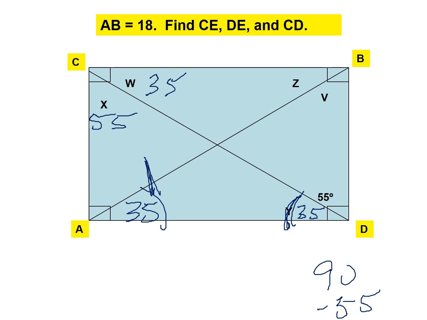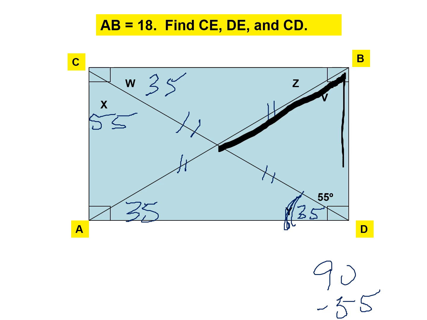Look at it here. On the side and on the top. This piece matches this, and this piece matches this. So here's my other isosceles. Isosceles here. That's a leg, that's a leg, that's a base. The base angles match. So I'm going to have 55 right here.